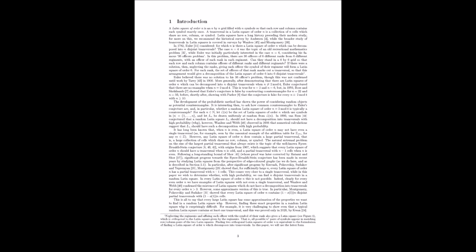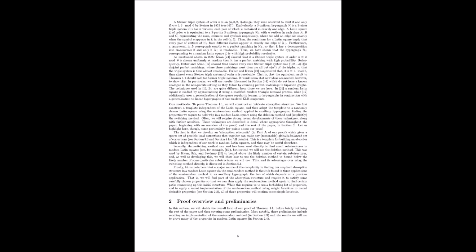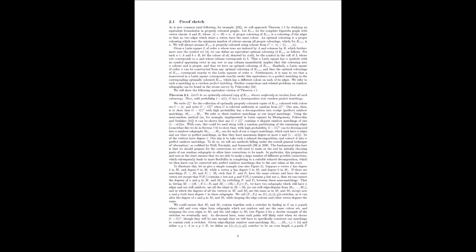Remember, the switching method involves swapping edges. Right. To do this effectively, you need to make sure there are enough potential switching paths between the different subsets. It's like making sure there are enough roads and bridges connecting those different battlefronts in our analogy. Right, so it's not just about having enough resources in each subset, but also about ensuring those resources can be moved around and shared when needed. Exactly. The absorption schematic is all about carefully setting up the infrastructure for the switching method to work its magic.